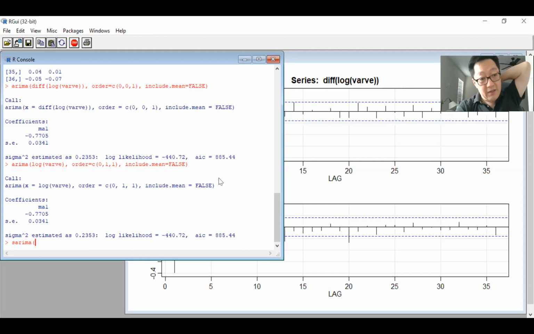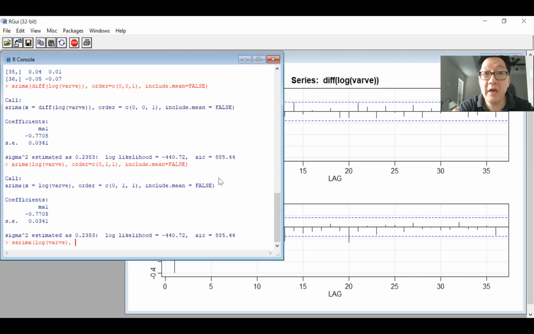So sarima is bigger than the arima function because it can take care of the seasonality, but we haven't discussed seasonality yet, so ignore it. I just want to apply the ARIMA model without seasonality, using the function sarima. I just plug in the log data.